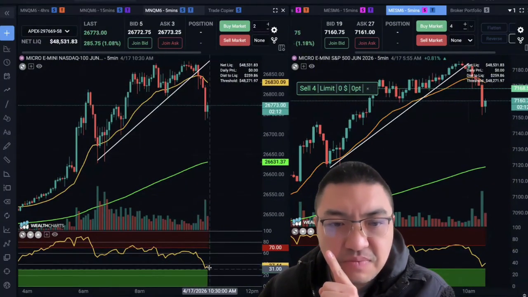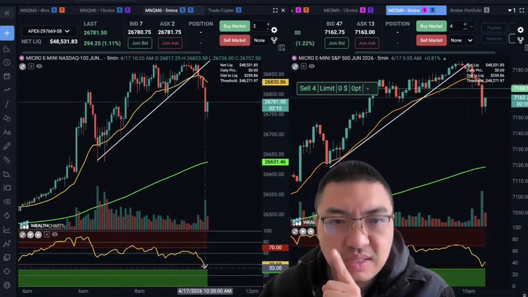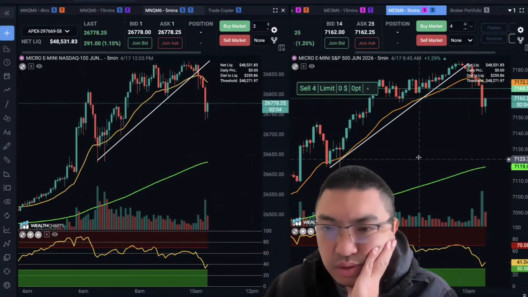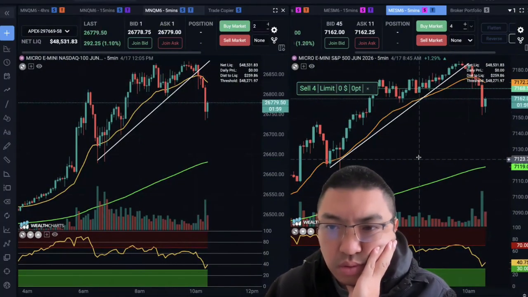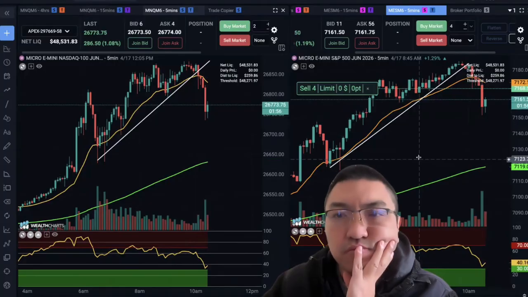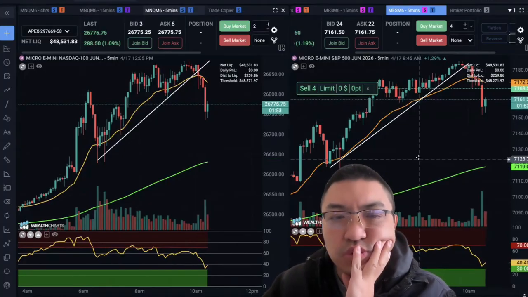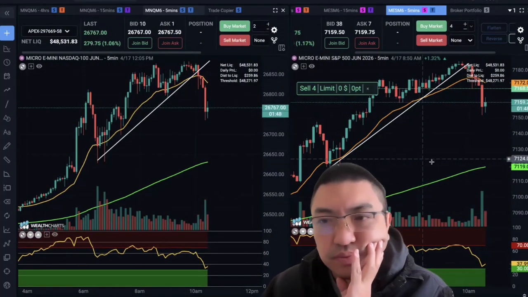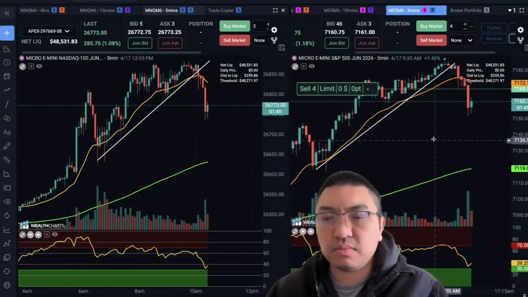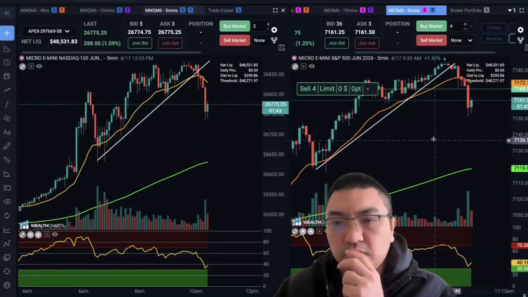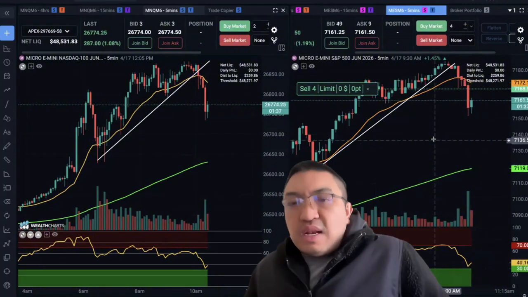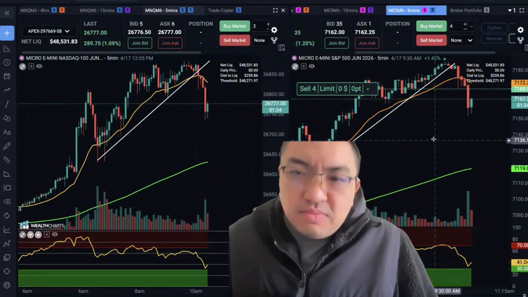So we see RSI divergence. Yeah, we see a very obvious RSI divergence. The RSI dropped in a slump, but the price action does not drop accordingly.